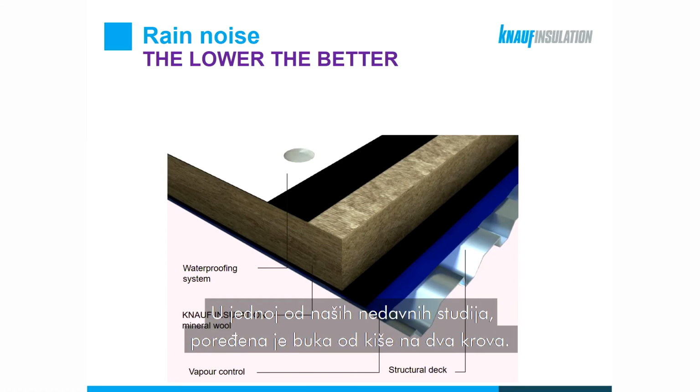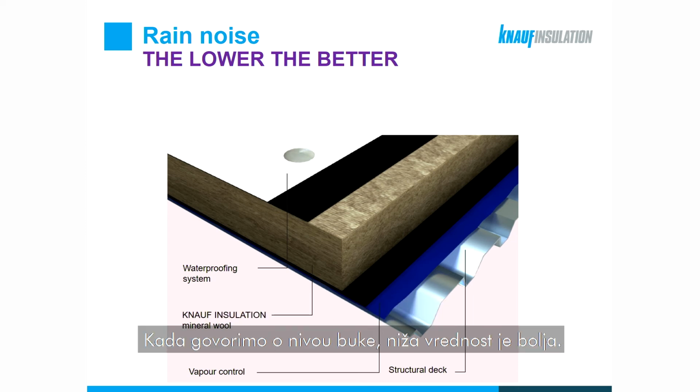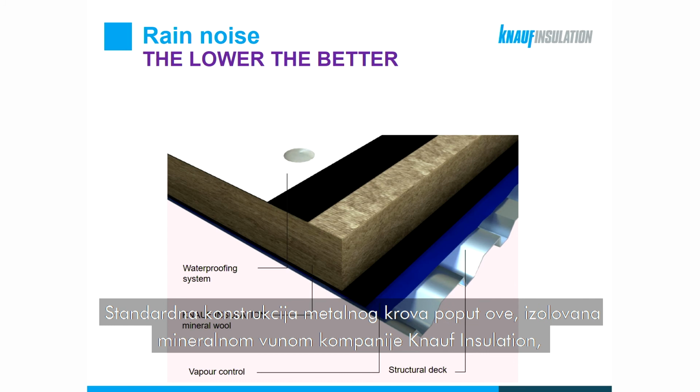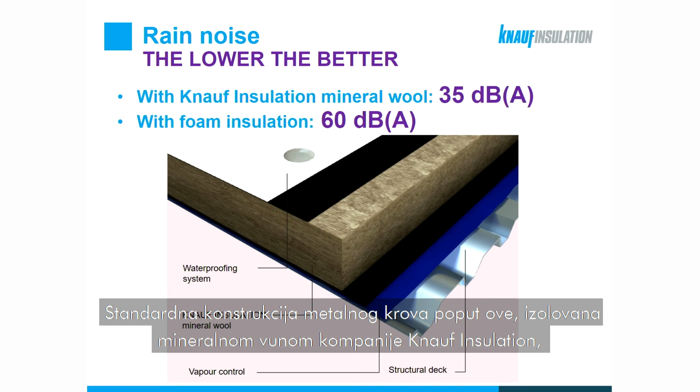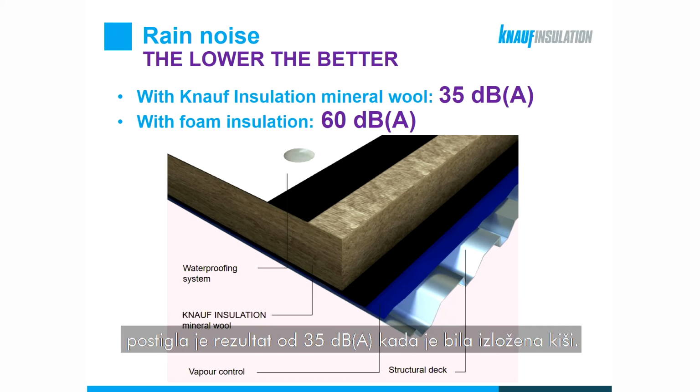And in one of the studies which was undertaken recently, rain noise on two roofs was compared. And as we're talking about the noise level, the lower value is more favorable. So a typical metal construction, such as this one, insulated with Knauf Insulation mineral wool, yielded the result of 35 decibels once it was exposed to rain.